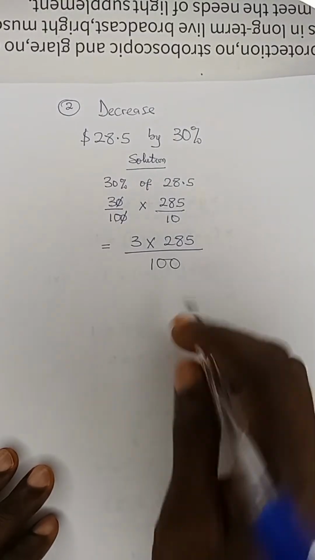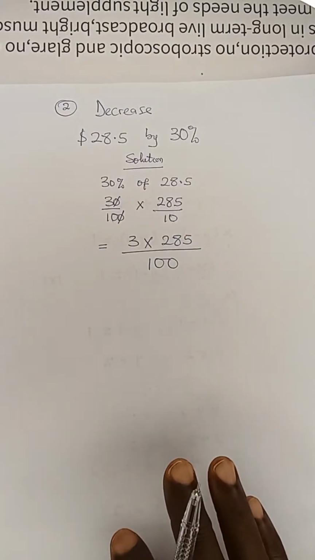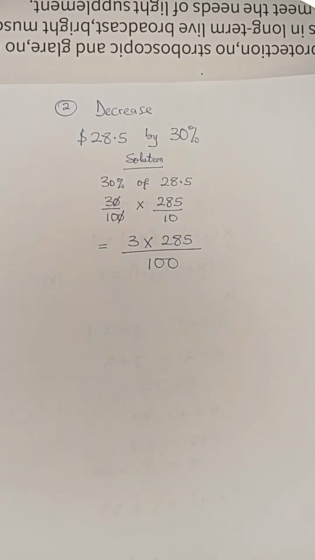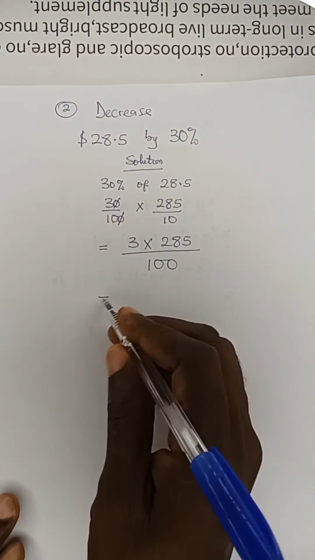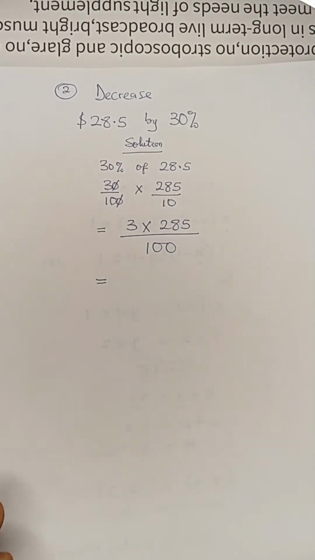This is 100 already. All right, so what is 3 times 285? Can somebody just tell us what 3 times 285 is? Anybody that is very fast with calculation. 3 times 285.